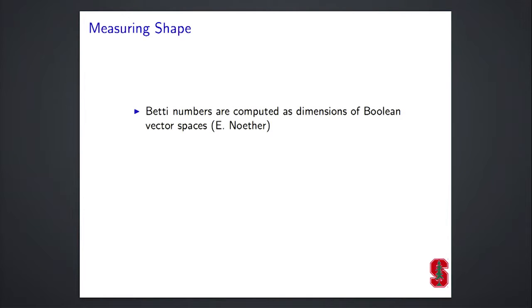Okay, so it turns out a huge contribution was made by Emmy Noether, who recognized that this counting problem of trying to count holes and so on was really a question about dimensions of vector spaces. Now, that doesn't sound like a big deal because we know that vector spaces are all parameterized up to isomorphism by their dimensions.